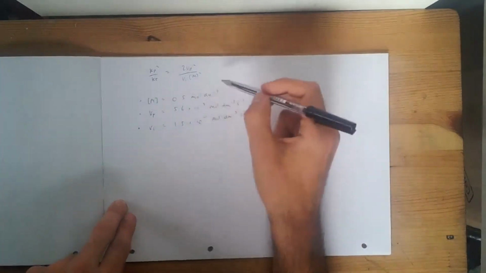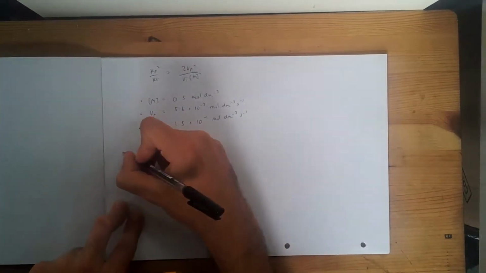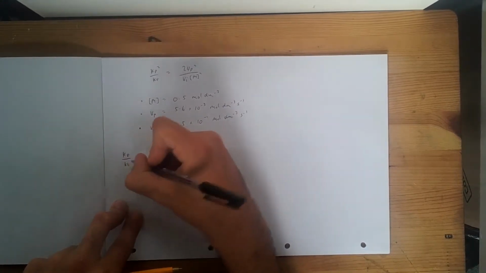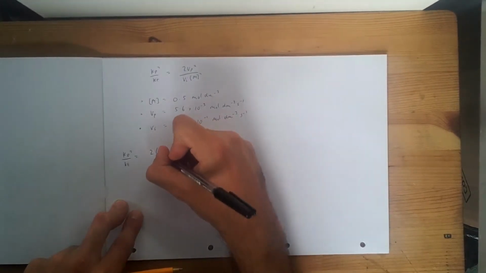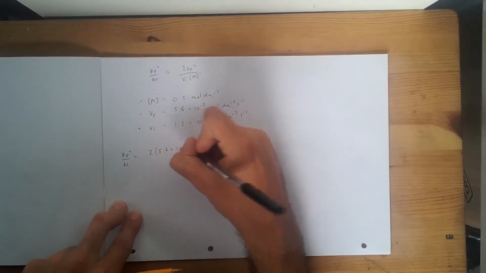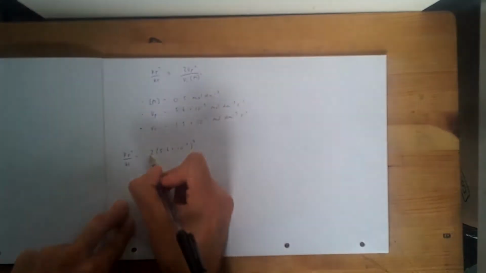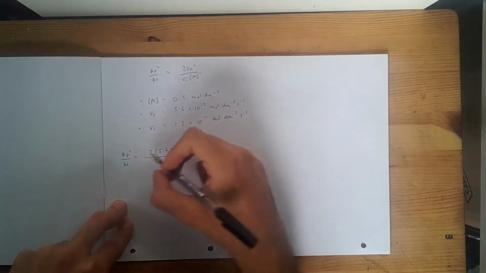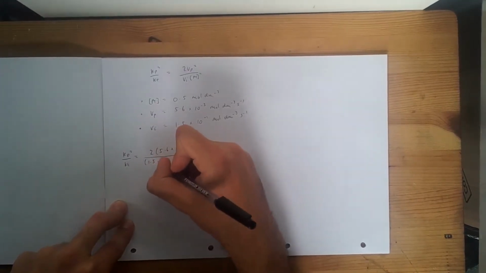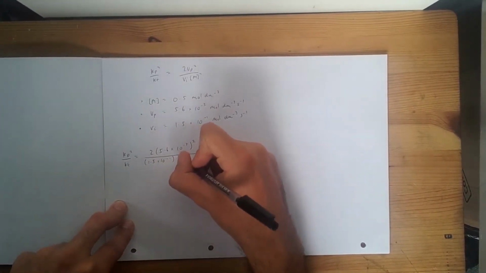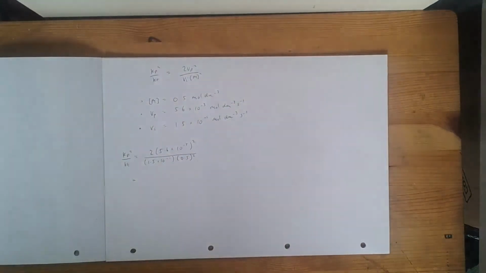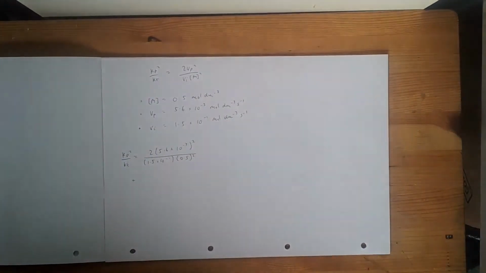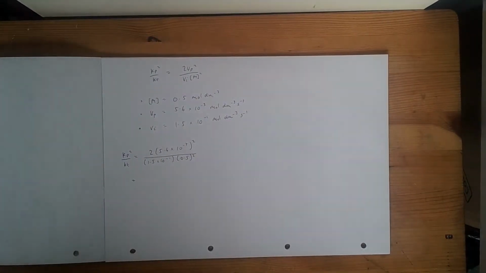If we now input these values into this equation, we get Kp squared over Kt to be 2 times 5.6 times 10 to the minus 3, squared, over 1.5 times 10 to the minus 1 times 0.5 squared. Just input this into your calculator. Try and separate it out, so you do the numerator first and the denominator second, or you can use the fraction feature on your calculator, which was outlined in an earlier question.